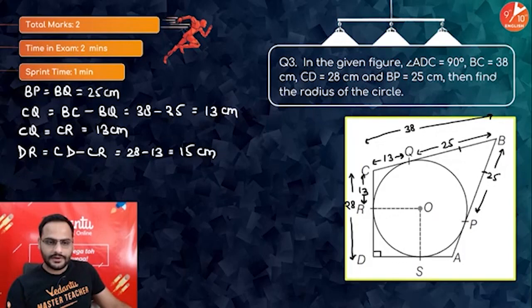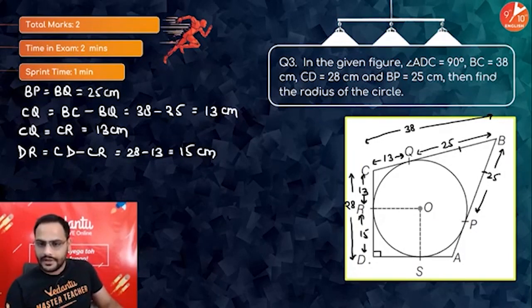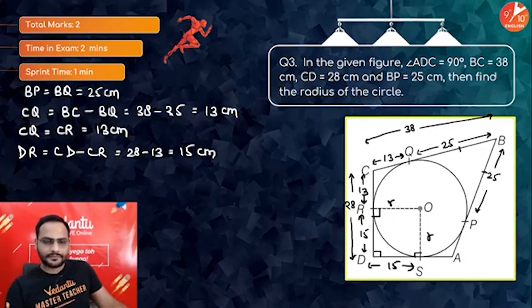So this side DR is 15. If DR is 15, DS also will be 15 centimeters. And here this is your radius, this is your radius. This angle is 90, this angle is also 90. Now we can say DR is equal to DS, both equal to 15 centimeters.